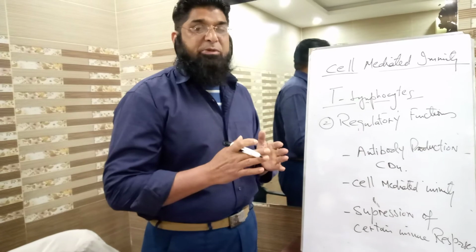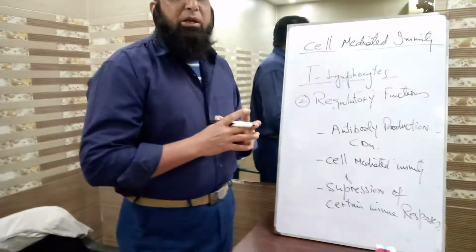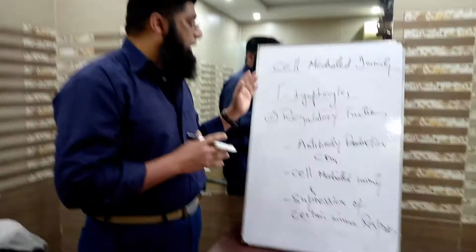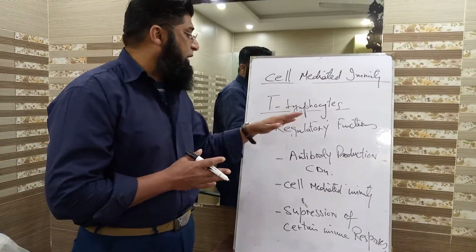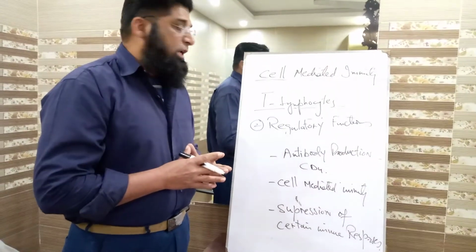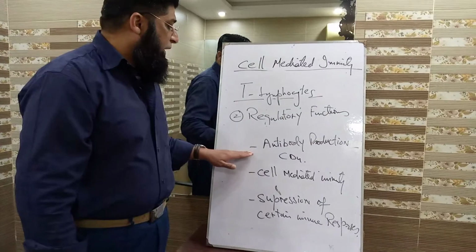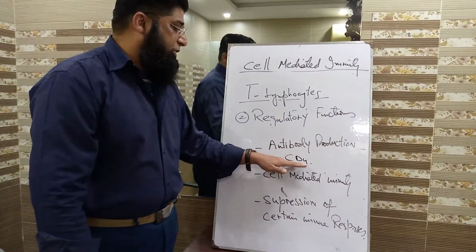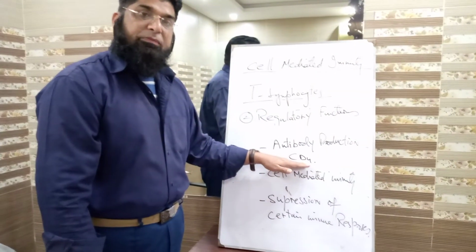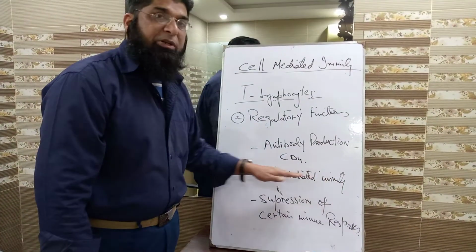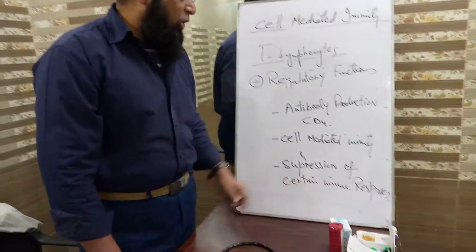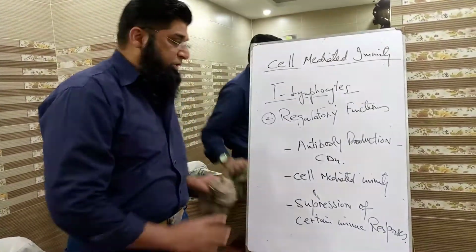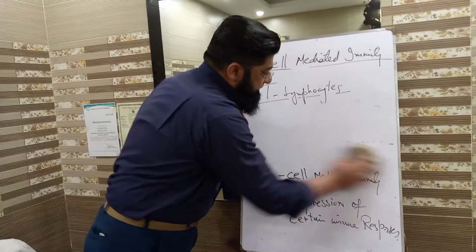Both of these mechanisms are actually indications of activation of T lymphocytes. Now, what are the regulatory functions of T lymphocytes? Number one, antibody production. Number two, cell-mediated immunity. And number third, suppression of certain immune responses.